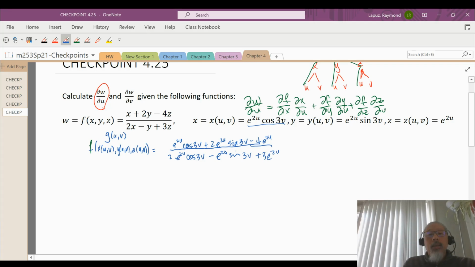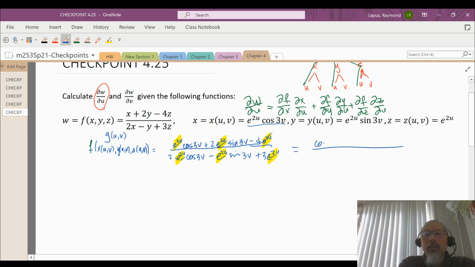All right. There's an interesting thing that happens here. Each of these terms on both the numerator and the denominator has an e to the 2u. And so we can take that out and cancel them all in one step. And that's what we'll do. We'll get rid of all these. And now what do we have left?